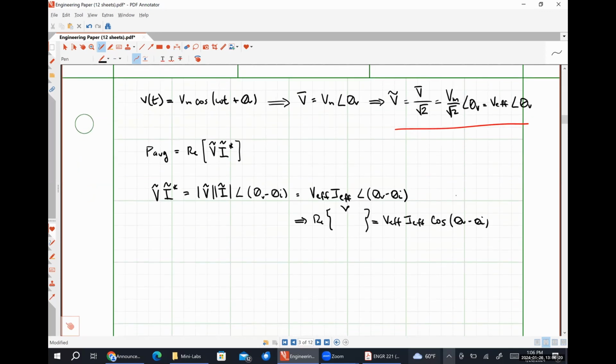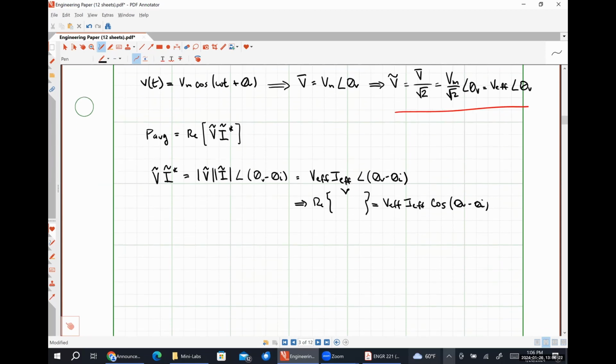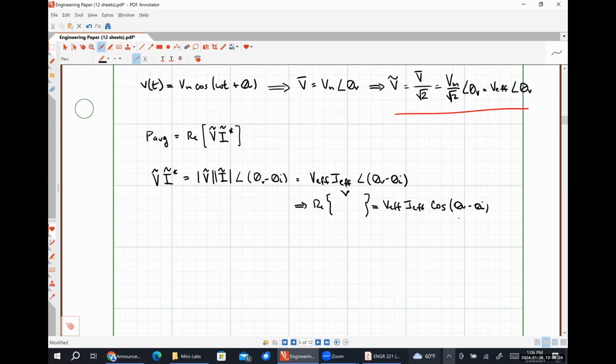So electrical engineers have decided to call the product of our RMS phasor voltage and the conjugate of our RMS phasor current a complex power. So complex power S, by definition, is simply an RMS phasor voltage times the complex conjugate of an RMS phasor current.